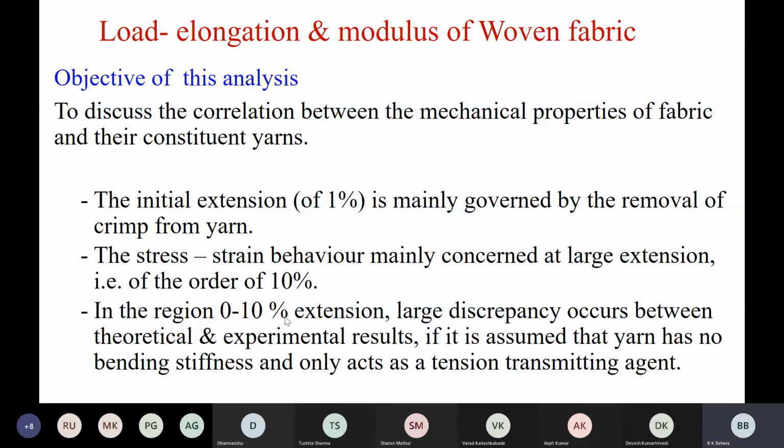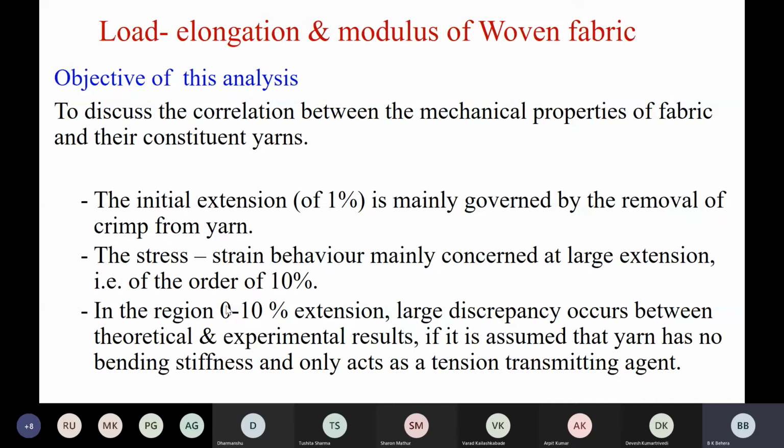In the region 0 to 10% extension, large discrepancy occurs between theoretical and experimental results, if it is assumed that yarn has no bending stiffness and only acts as a tension transmitting agent.